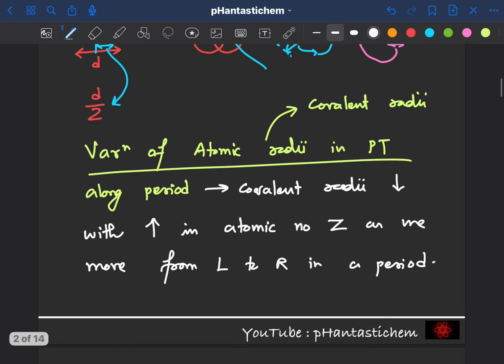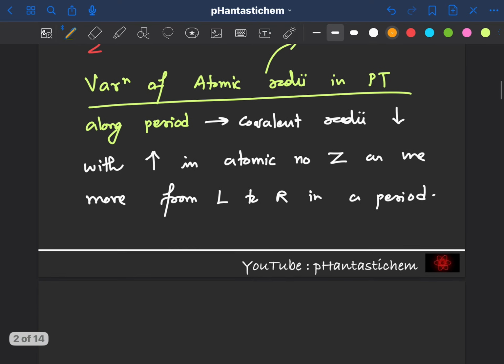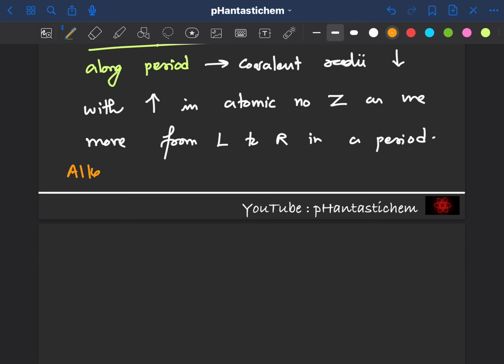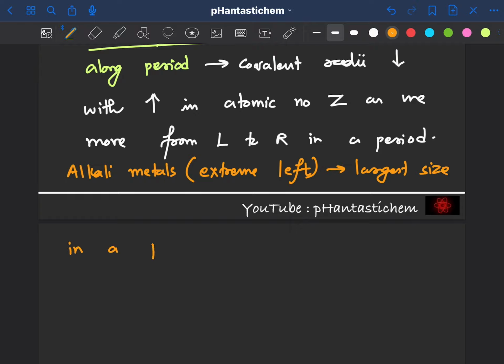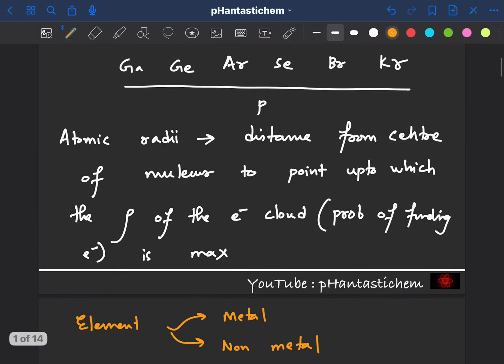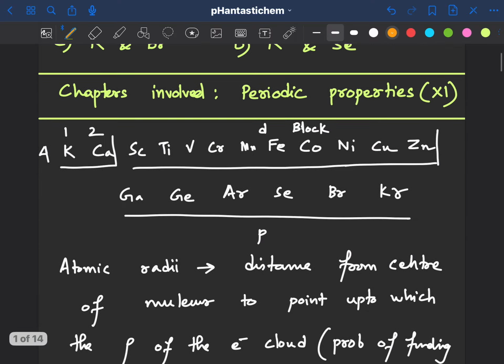Therefore the alkali metals, that is group 1, are on the extreme left of the periodic table, so they will have the largest size in a period. So in period 4, potassium will have the largest covalent radii.